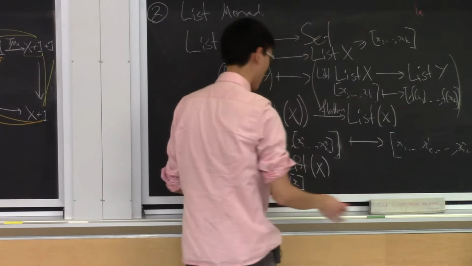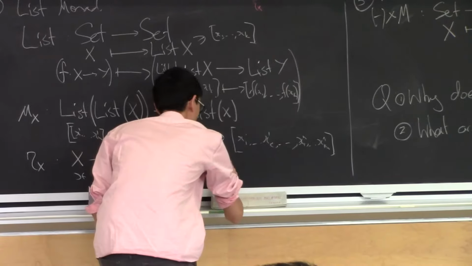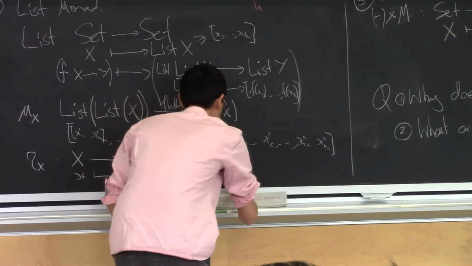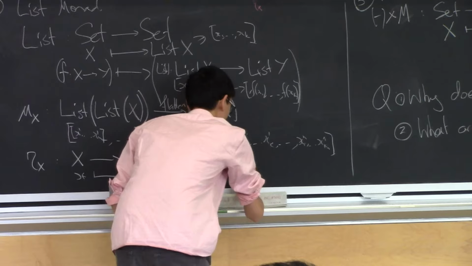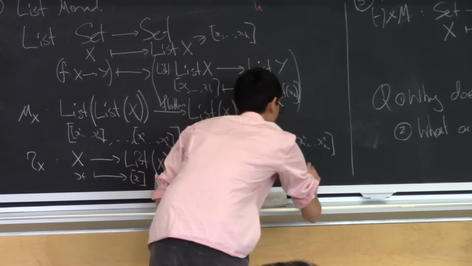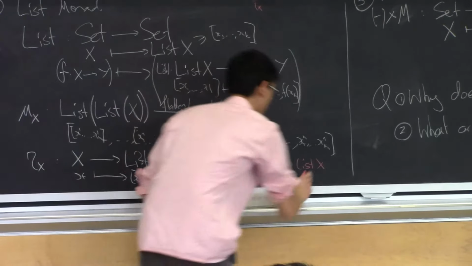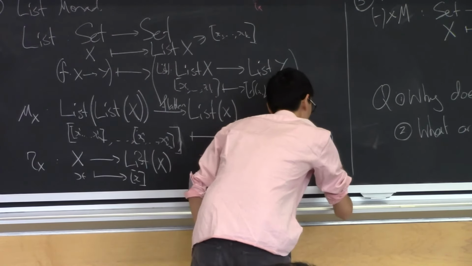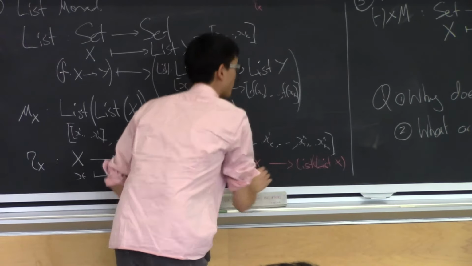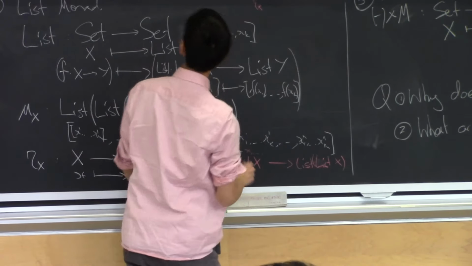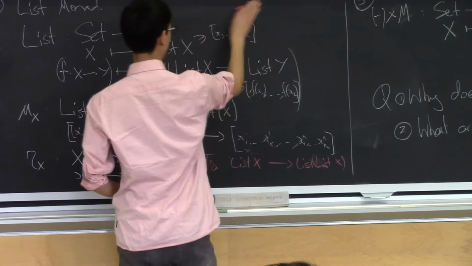So this T eta thing, T eta at x, which is a map from list of x to list of x, is going to take a list of x. Thanks. And it's going to take a list, x1, sorry. Should have left myself a bit more space. I'm going to write it up here.